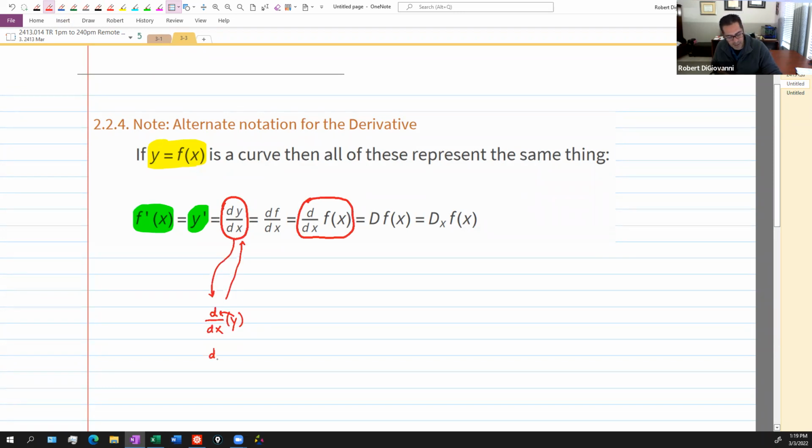But when you read this, d dx of y, what you're really saying is, how do I want to say this? We want to know the rate at which y changes if we change x by a small amount.